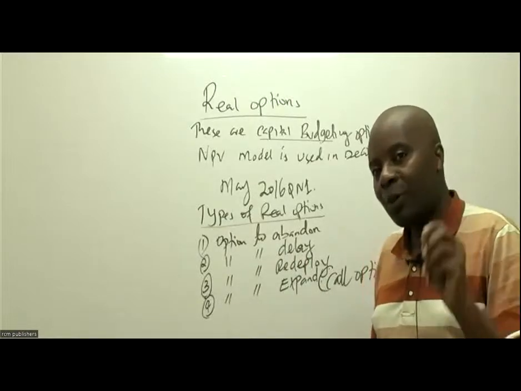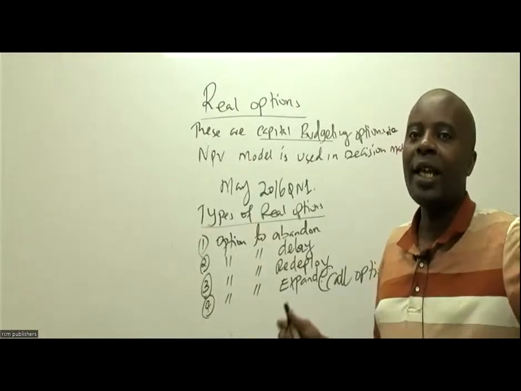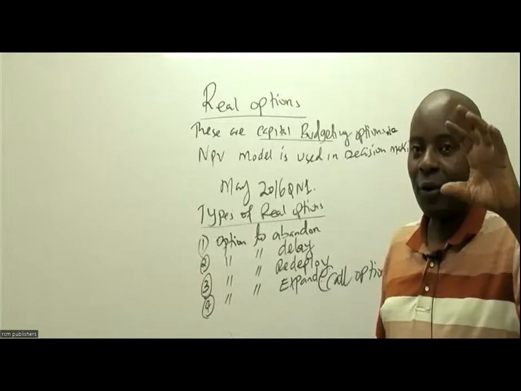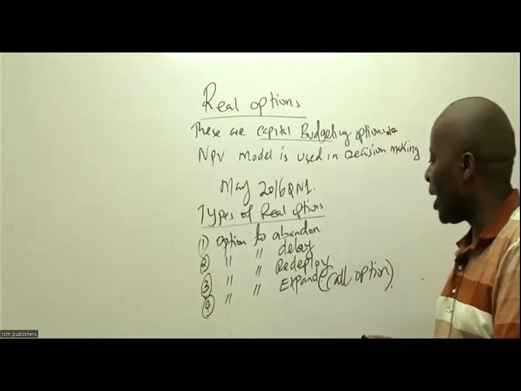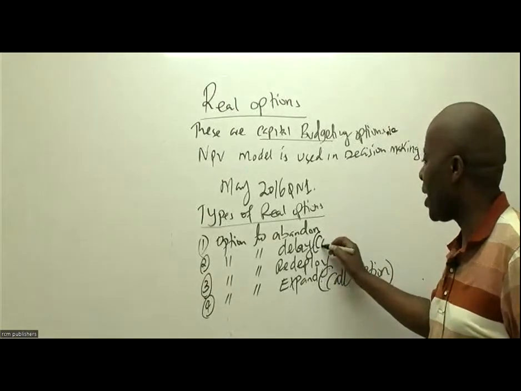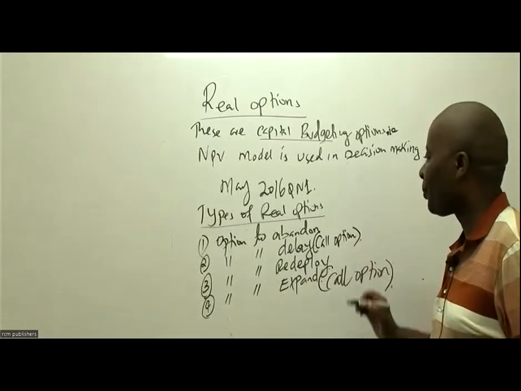So if it's an option to delay, however much I delay, at the end of the day I'll come and make an investment. So I'm buying. Remember, a call option is the option to buy. So delay will be accounted for as a call option.